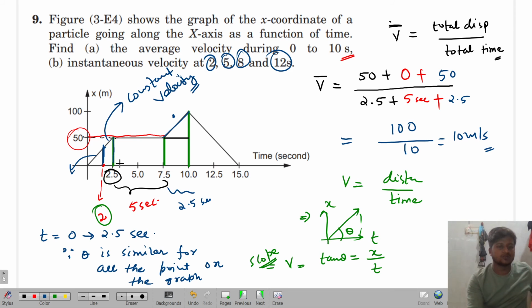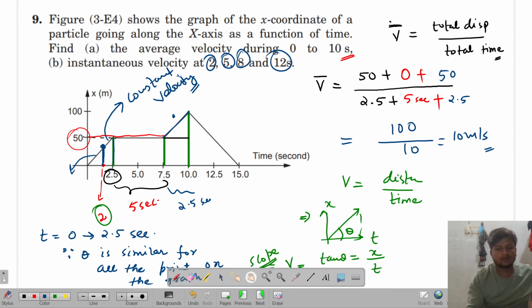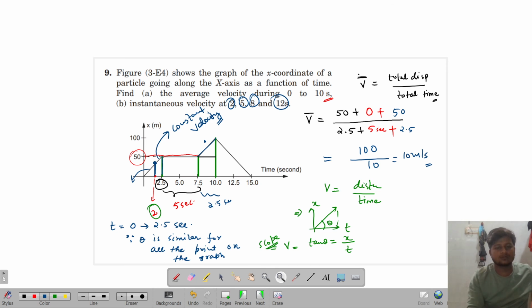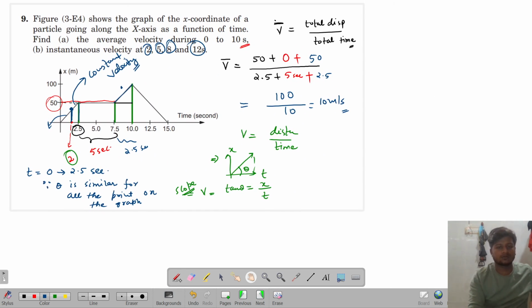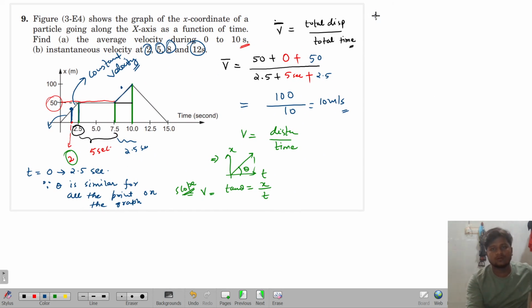So now look over here. Whatever will be the velocity from 0 to 2.5, it will be the similar velocity at 2 seconds. So what is the velocity at 2.5? It is going to be tan theta, that is x over t.